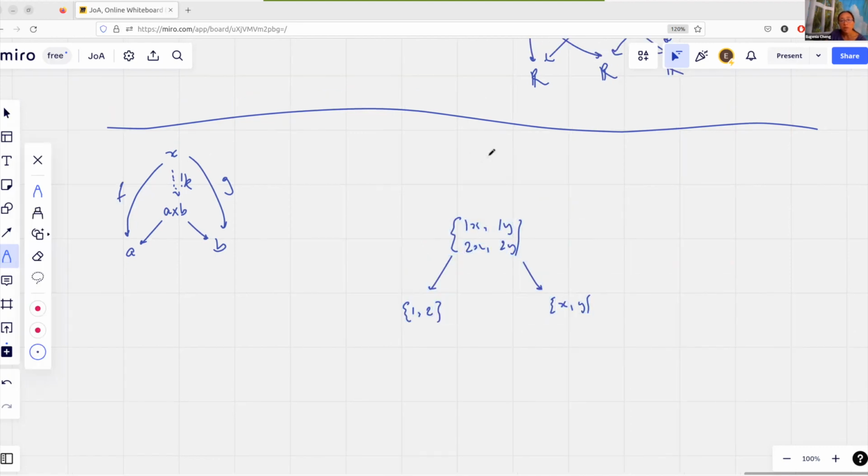Now, I only need one object up here, and I can call this object 1x. So going down here, I'm going to define this morphism to take it to 1, and I'm going to define this morphism to take it to x.